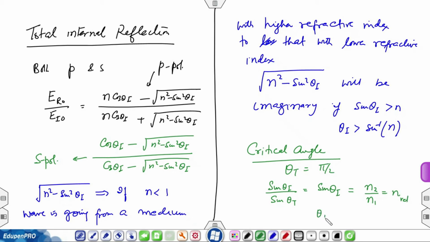So, theta I is sine inverse n, and in this case n happens to be less than 1. So, both are consistent. What is happening is, beyond the critical angle, n square minus sine square theta I is becoming imaginary. What does that mean?